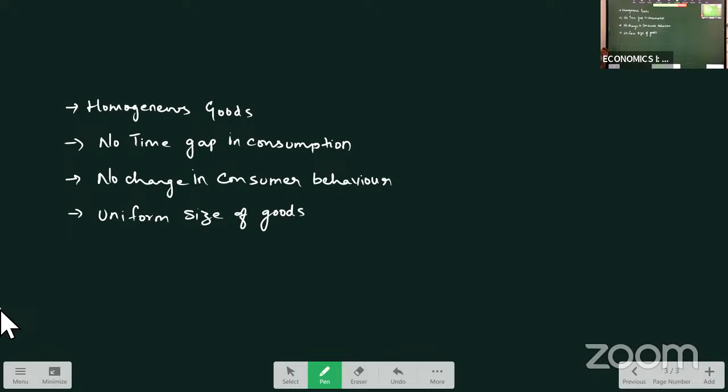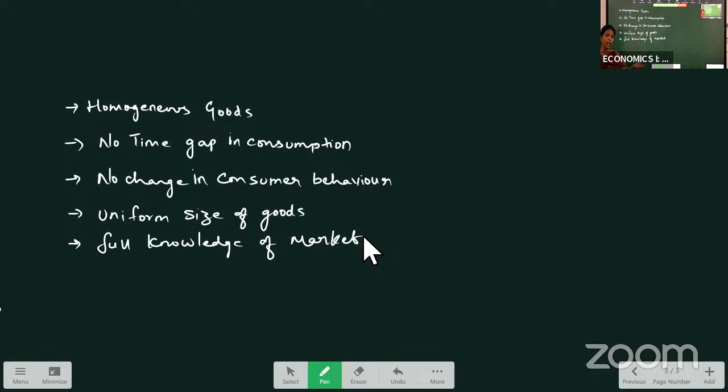And also we assume that the consumers are having full knowledge of the market. Why do we assume full knowledge of the market here? Because when we purchase, for example, the same mango example I'm taking. When I purchase mangoes in the market, I'm getting them for 60 rupees, right?